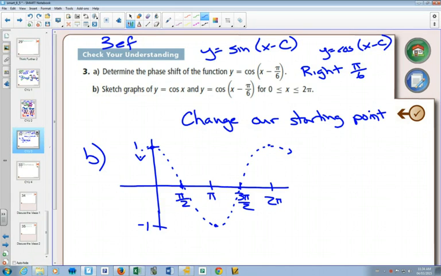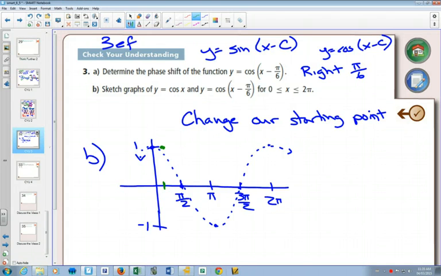Now, if we move that cos graph pi over 6 to the right, I'm going to take out a different color. Okay, pi over 2 is this, so pi over 6, which is 30 degrees. Remember, pi over 2 is 90 degrees. So I'm going to estimate about where 30 degrees is. And I'm going to move this point right there over pi over 6 to the right.